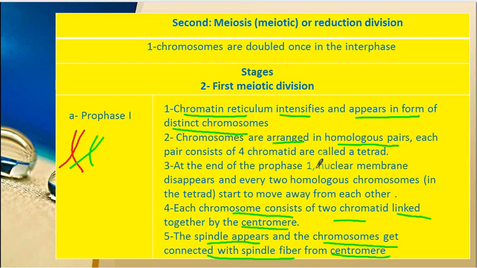Each chromosome consists of two chromatids, so we have four chromatids, which we call a tetrad. And at the end of prophase 1, the nuclear membrane disappears as usual, and every two homologous chromosomes in the tetrad start to move away from each other after finishing a very important thing, which is the crossing over phenomenon. What is the crossing over phenomenon that makes the difference between meiosis and mitosis?